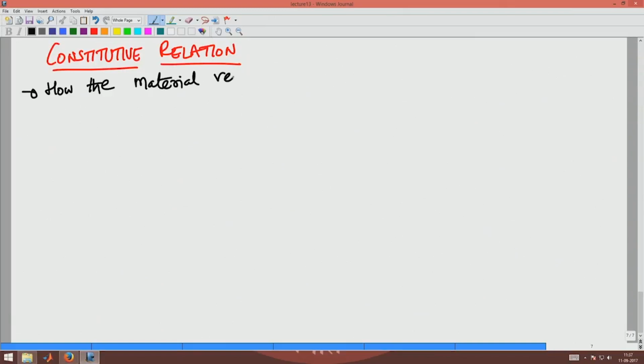Material response. Basically we saw that stress and strain are concepts introduced to lose the geometric dependence, and the constitutive relation is a material-dependent relationship wherein the steel responds differently from a rubber bar. So, that material dependence is brought in by the constitutive relation.